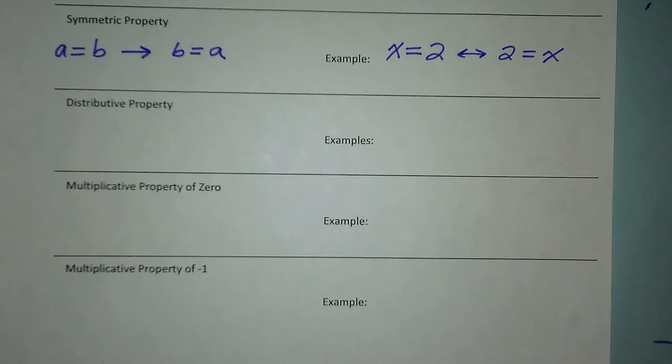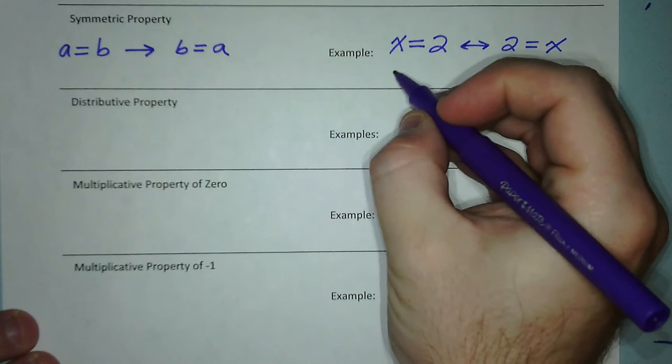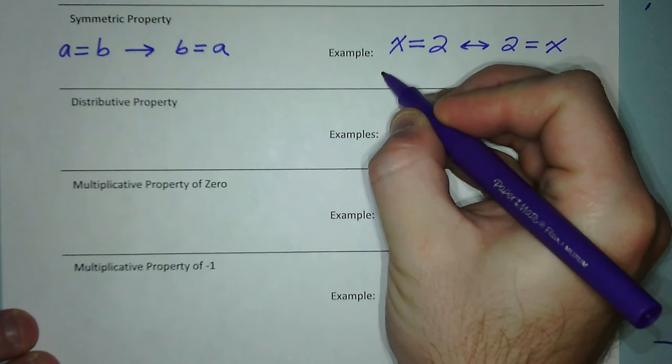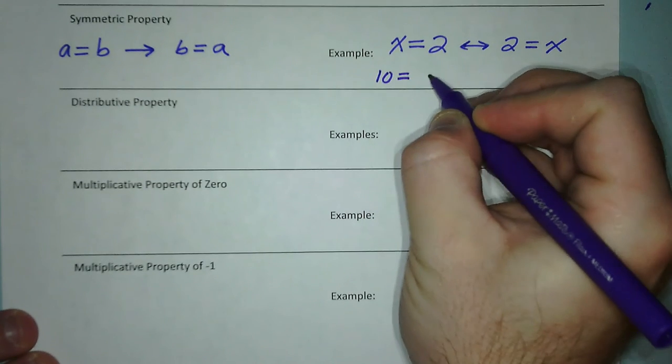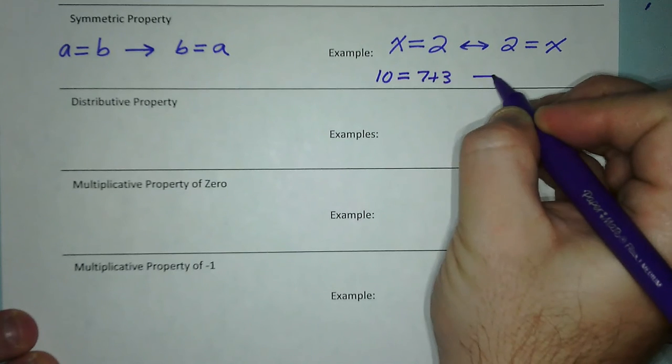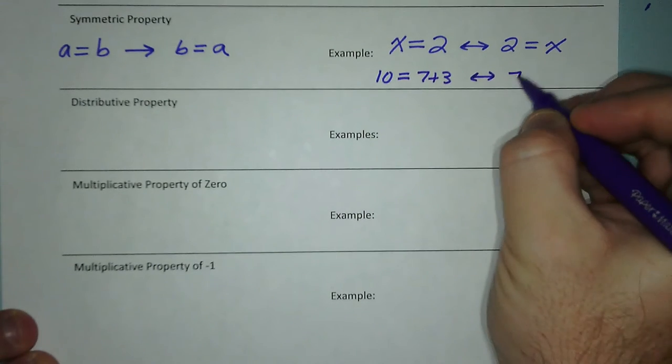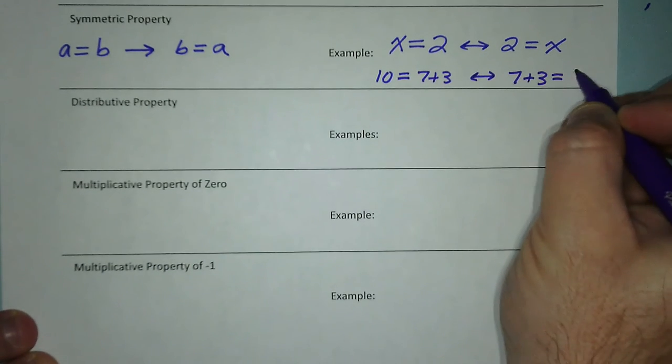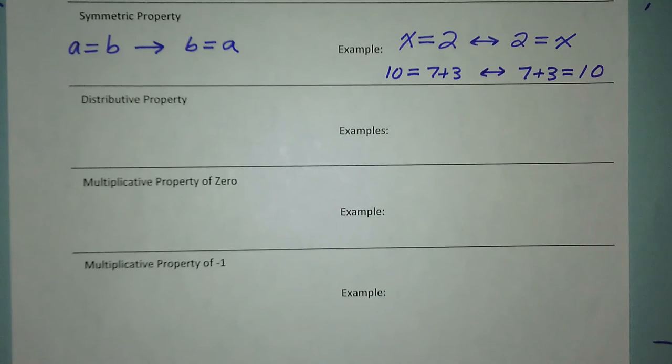It doesn't matter which number you put on the left and which number you put on the right. Another example would be 10 equals 7 plus 3. This is saying the same thing as 7 plus 3 equals 10.